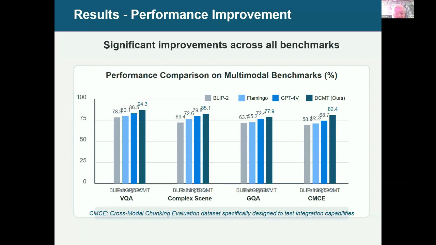Most notably, on our specialized cross-modal chunking evaluation dataset, specially designed to test the integration capabilities, we observed a substantial 13.7% improvement compared to GPT-4.